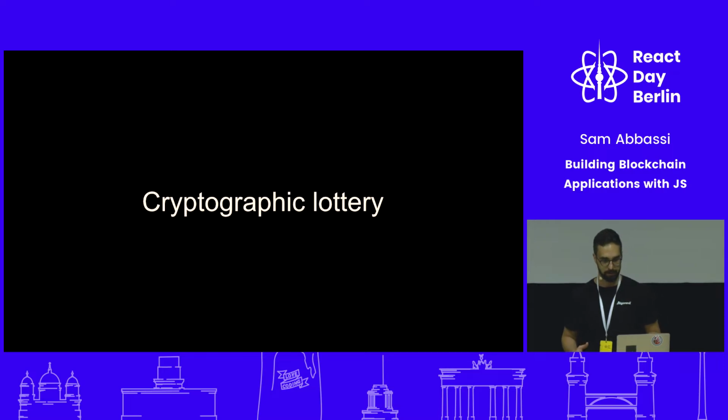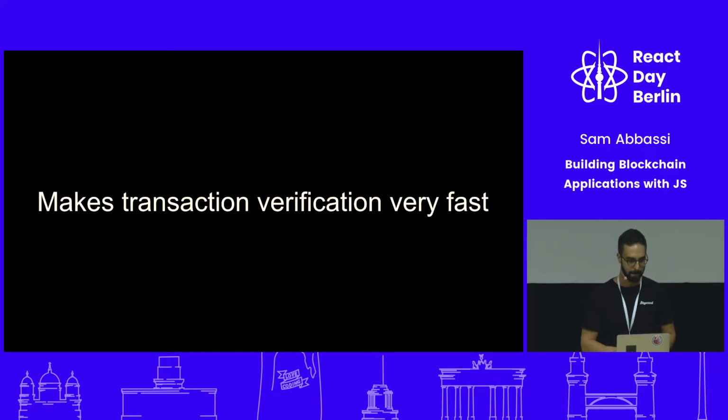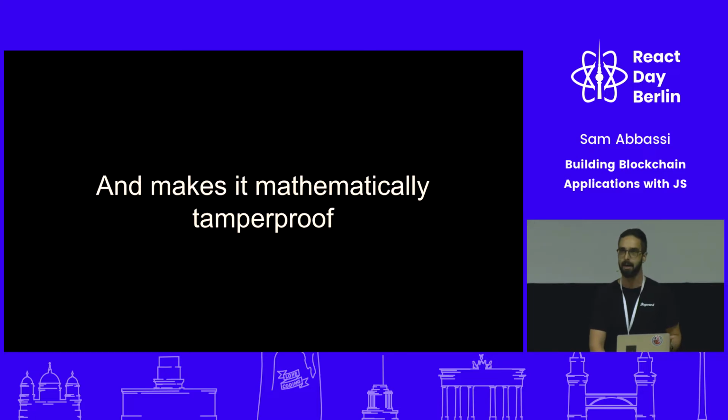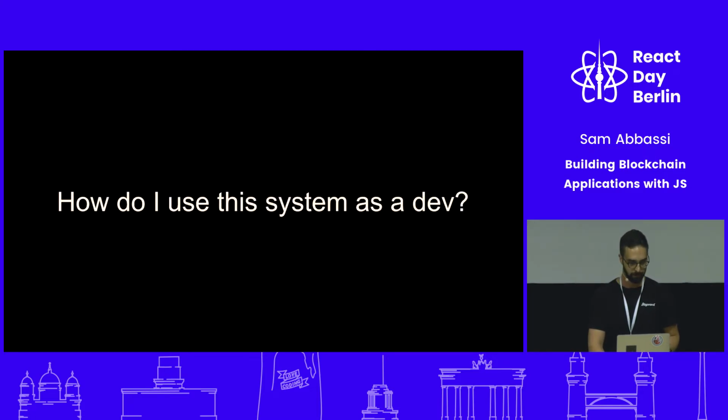So the way we use this, we use the VRF mechanism and this concept as a cryptographic lottery in our selection process and in our writing to the database process. So this makes transaction verification very fast, and it makes it mathematically tamper-proof as well.